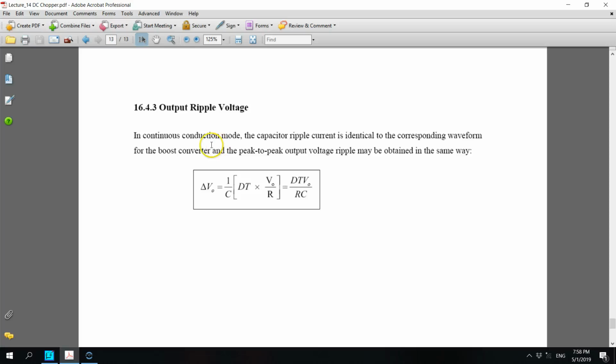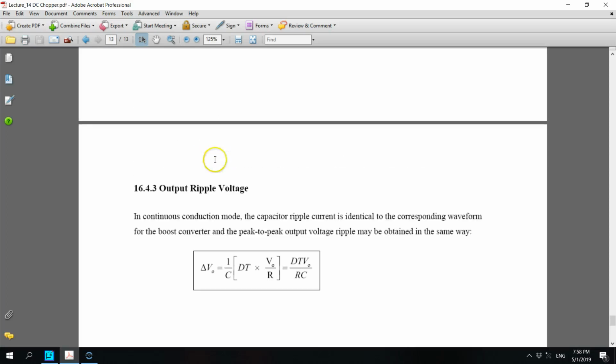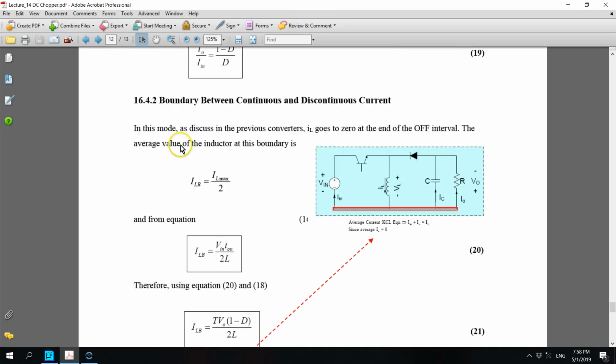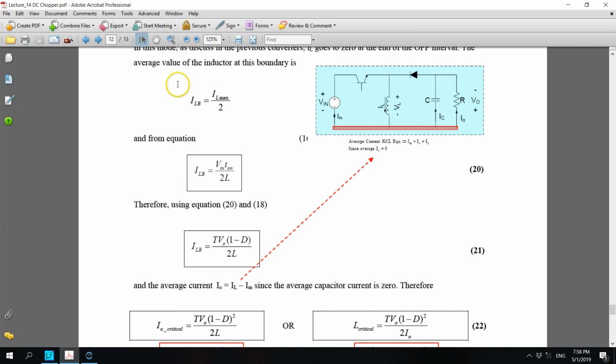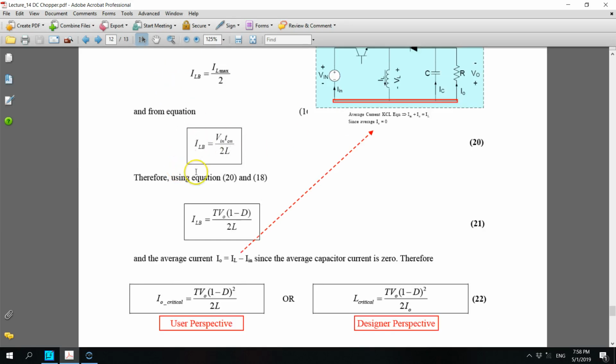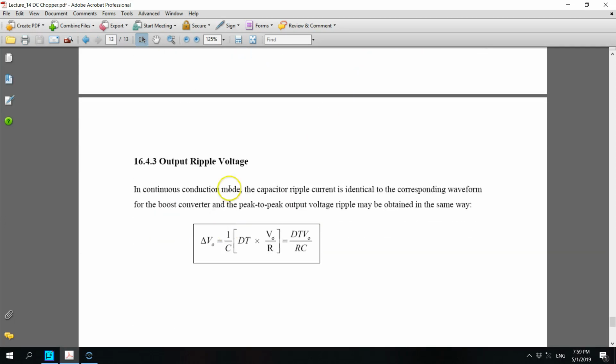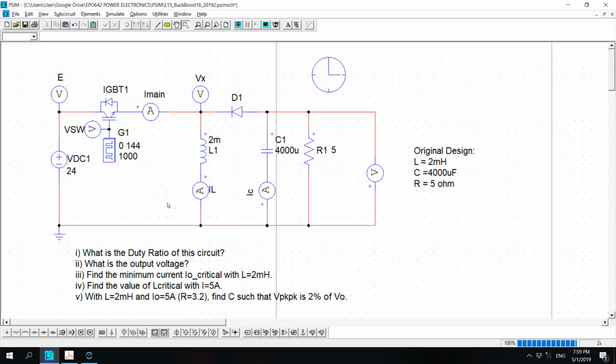It's very straightforward, but again and again I would like you to fill in the gaps between the lines here, so that you can derive and understand the relationships from one equation to another, and how you get to the final equations of I naught critical, L critical, and also the delta V naught. To test your understanding, let's look at the simulations.